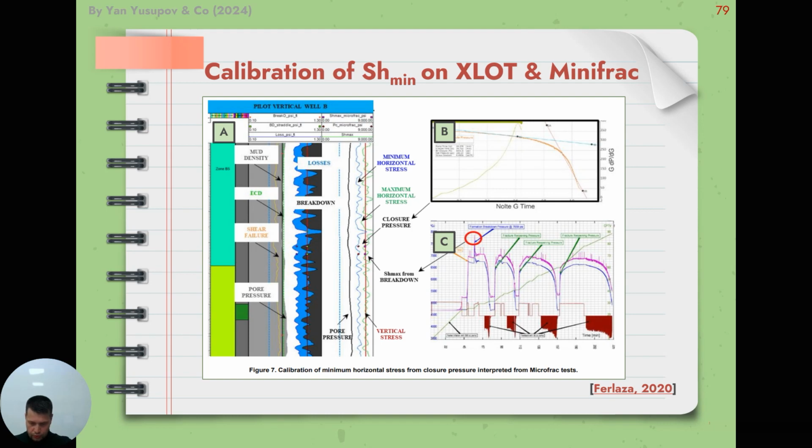This is good work of one of the researchers, Ferlaza. He shows us that he can calibrate results of microfrac tests and calibrate this 1D geomechanical model and use it for calibration of maximum horizontal stress and definition of minimum and maximum horizontal stress profiles.